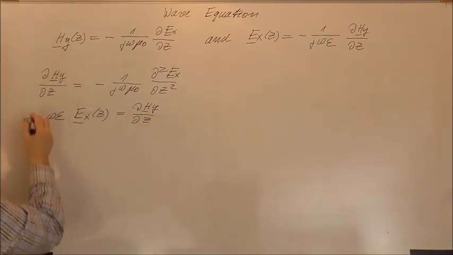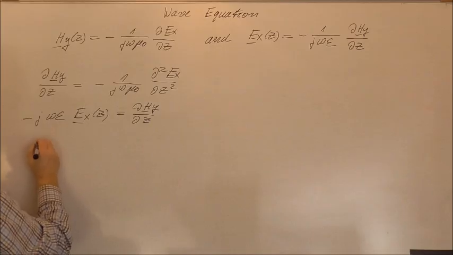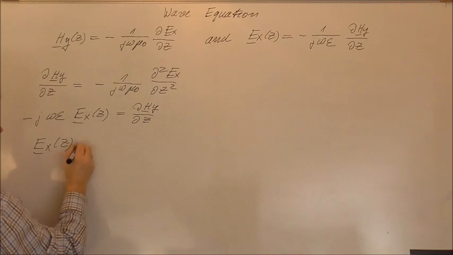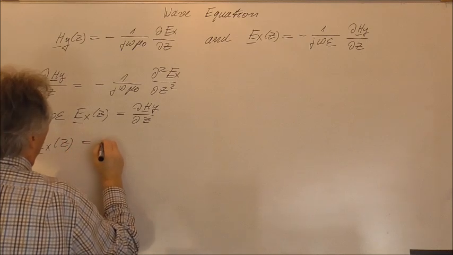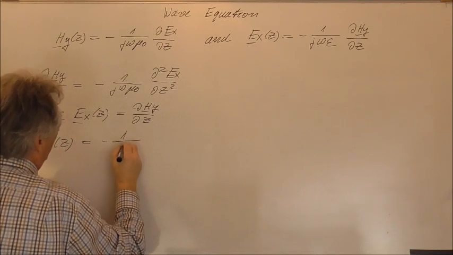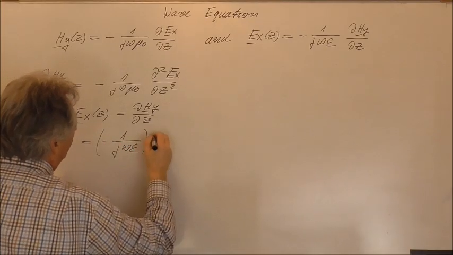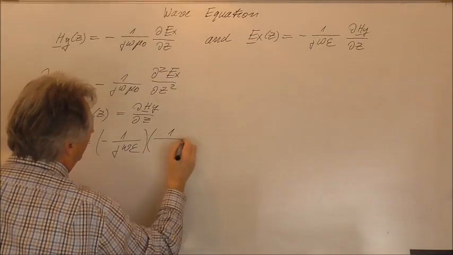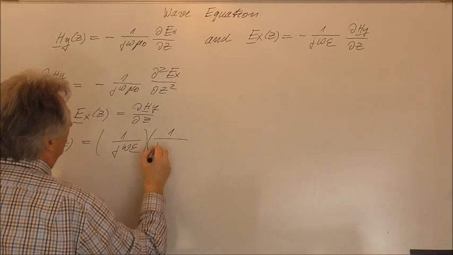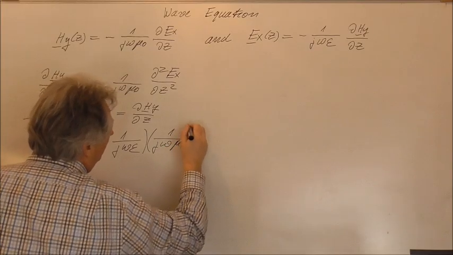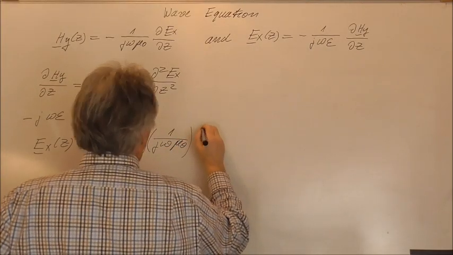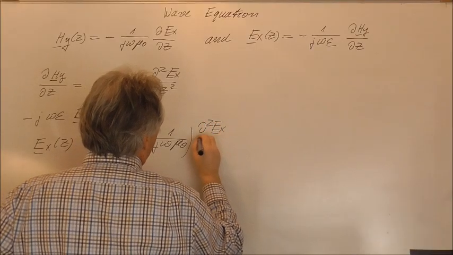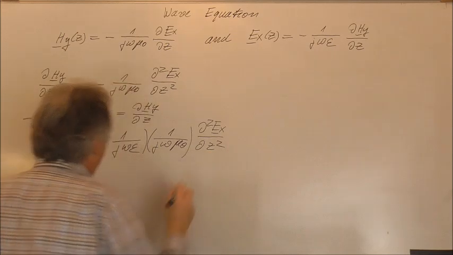Of course, we can include this here, and we will then have Ex of z equal to minus 1 over j omega epsilon times 1 or minus, so the minus sign will cancel here. So I cancel this, j omega mu naught, second derivative of Ex with respect to z squared.